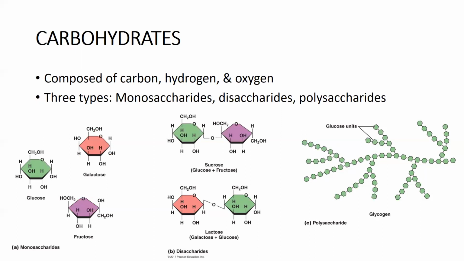So if it's the storage form of glucose, where do we store away our energy reserves? What parts of the body? I think I'm hearing it. Did I hear liver? Yeah, so the liver is correct, as well as muscle. So liver and muscle are two areas where we see glucose being stored away as glycogen.